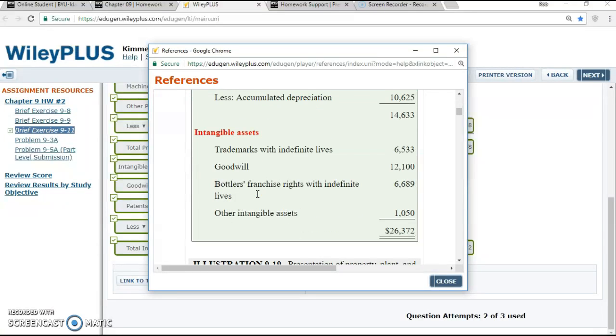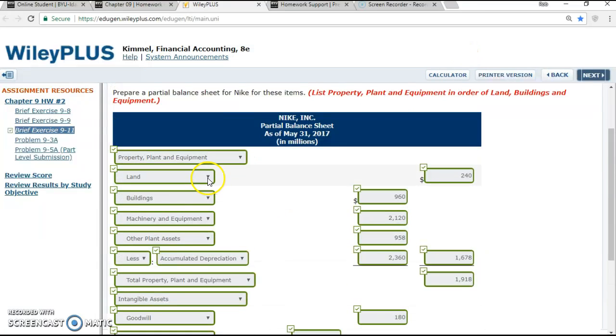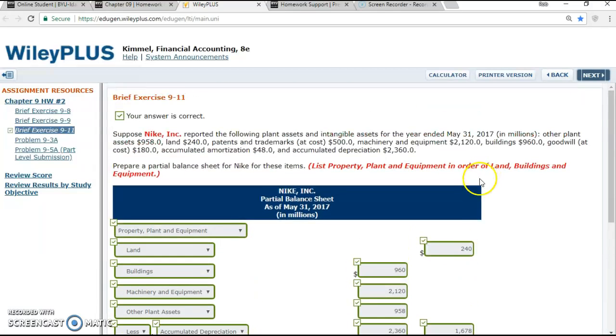That helped guide me initially. Using that as my example, I filled in land first, so 240.